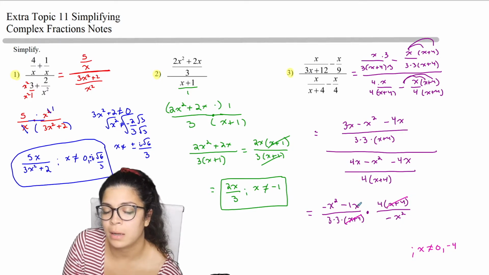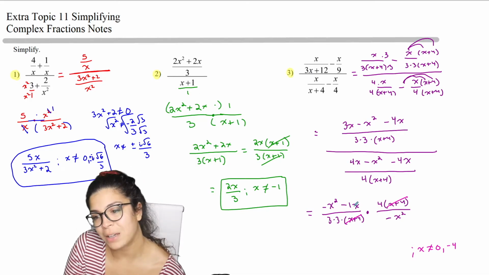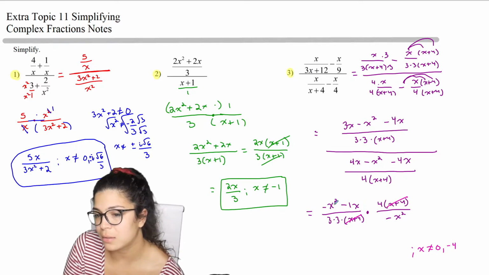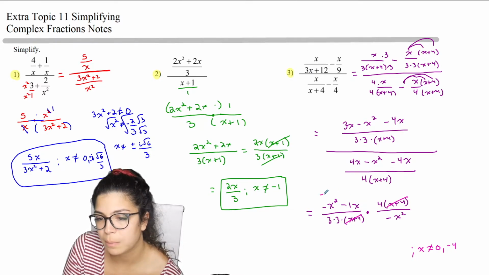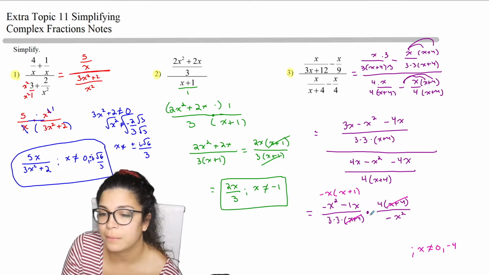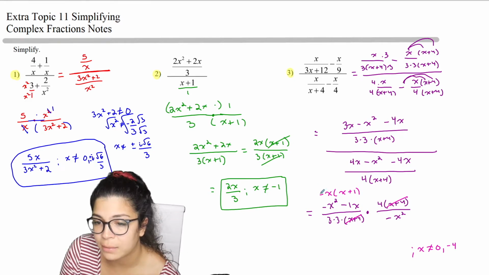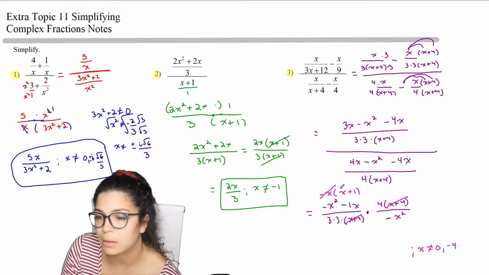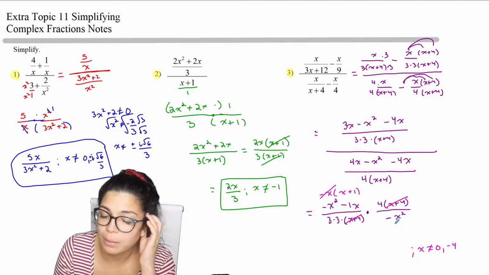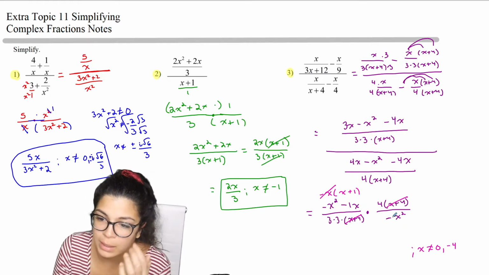And then I could factor out a negative x from both of these, which would give me x plus 1. And then I could divide negative x and divide a negative x here, which would get rid of the negative.